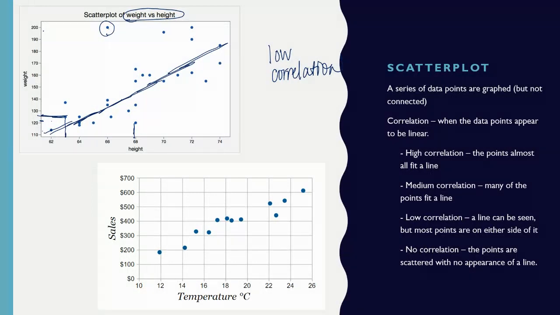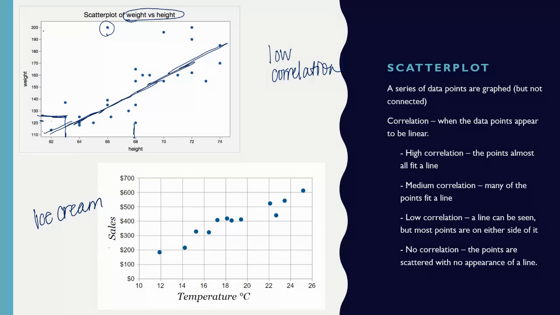Looking at this second one, I'm talking about sales versus temperature. Now, why would I care about a sale amount in a temperature? What if I told you that this is an ice cream store? And they're tracking the amount of sales they have for what temperature it is outside. That kind of makes sense now, right?